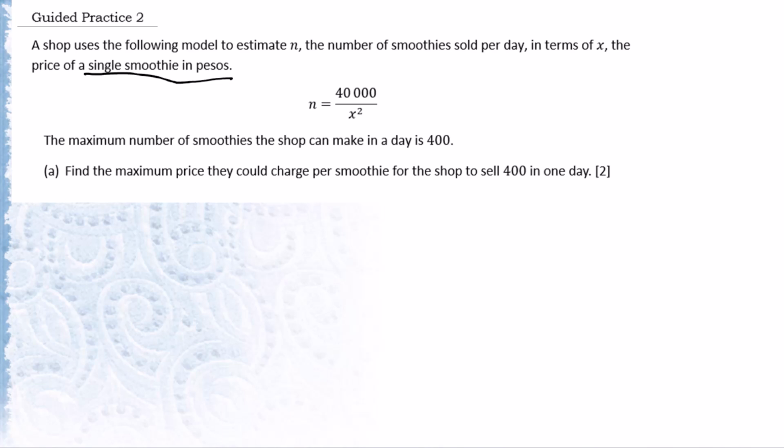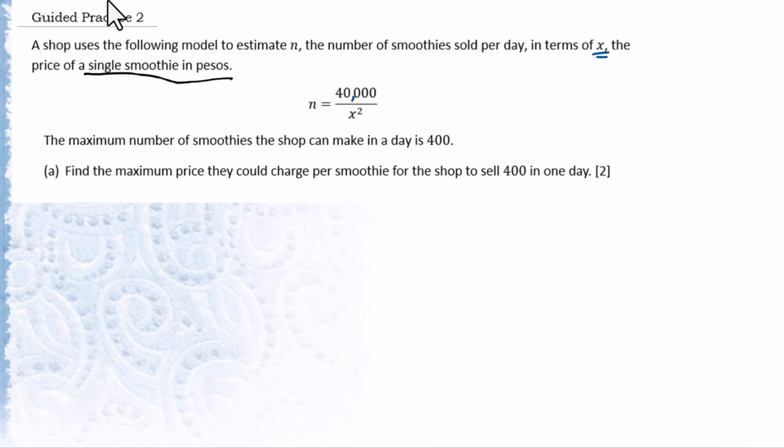Let's go to guided practice 2. A shop uses the following model to estimate n, the number of smoothies sold per day, in terms of x, the price of a single smoothie in pesos. N equals 40,000 over x squared.